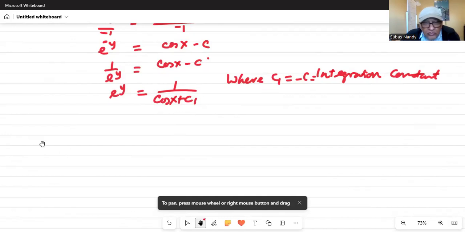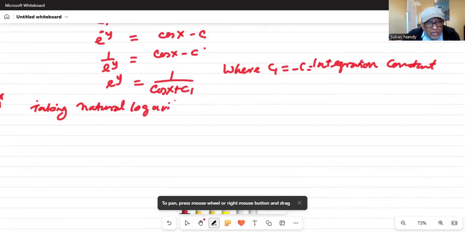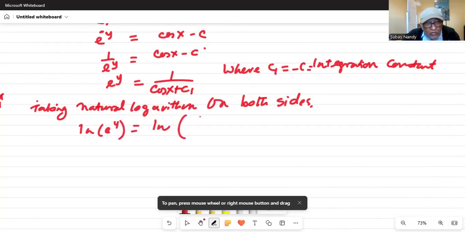Taking natural logarithm on both sides, I get ln of e to the power of y is equal to ln of 1 over cosine x plus c1.